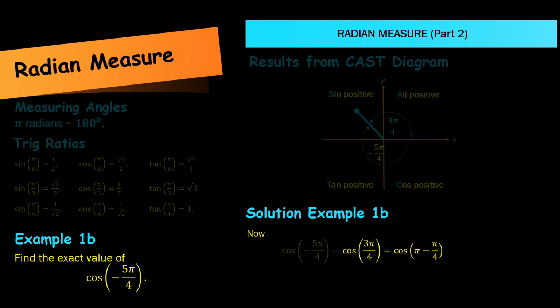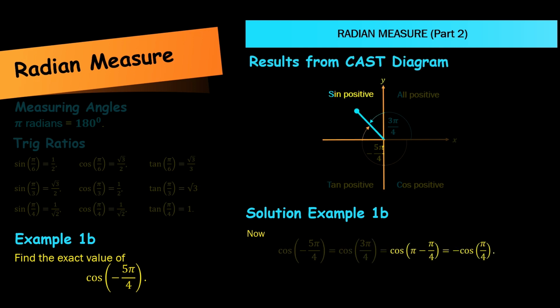Now since 3 pi by 4 equals pi minus pi by 4, we have that cos of 3 pi by 4 equals cos of pi minus pi by 4. The relevant quadrant in the CAST diagram has now been highlighted.